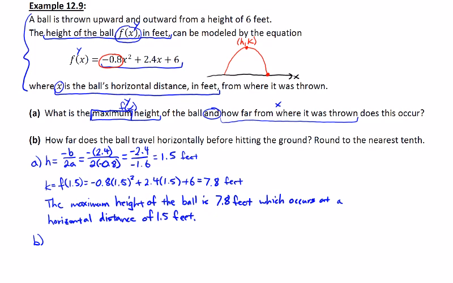So presumably everything goes from left to right, where x's are increasing. But the idea is the ball is supposed to be starting from a height of 6 feet.